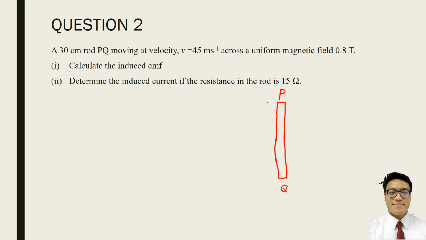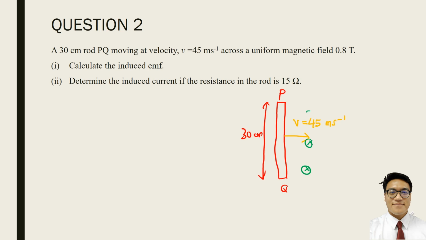The rod has a length of 30 centimeter, and let's say it is moving to the right. This is just a representation. So V is 45 meter per second across a uniform magnetic field. I want to draw the magnetic field, let's say into the page.